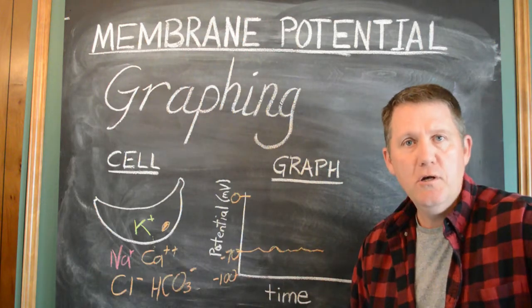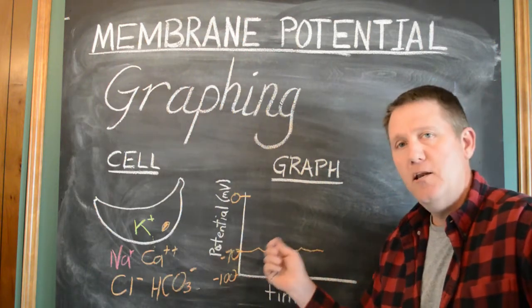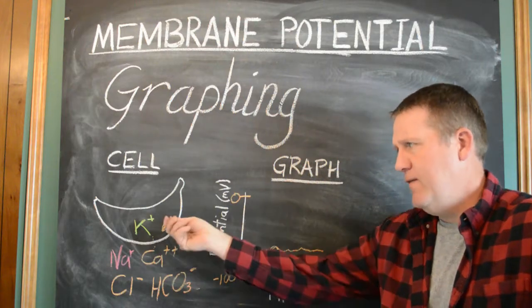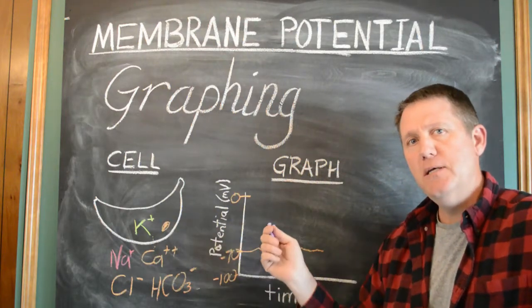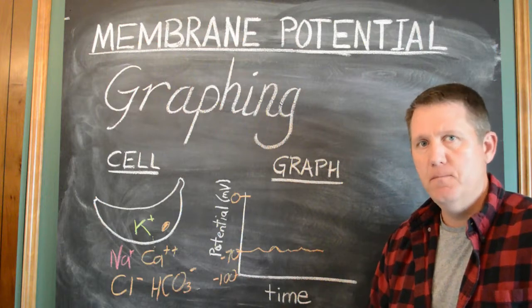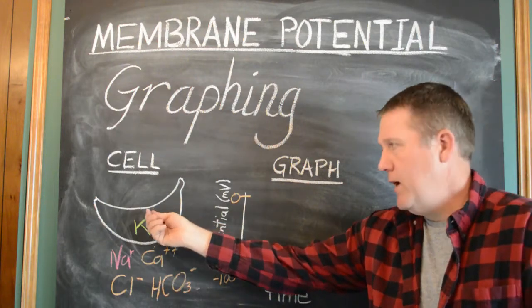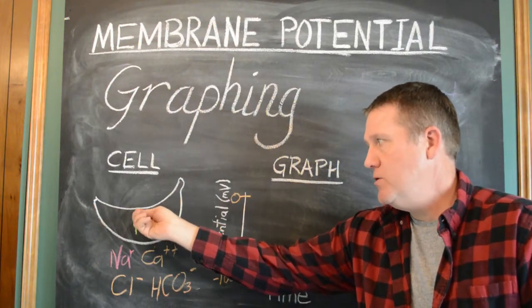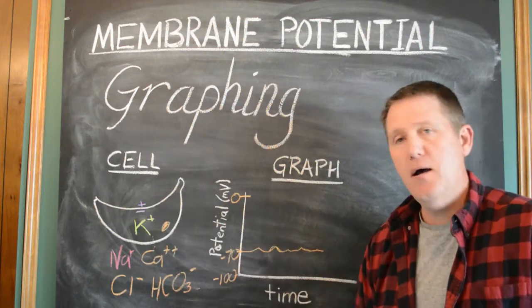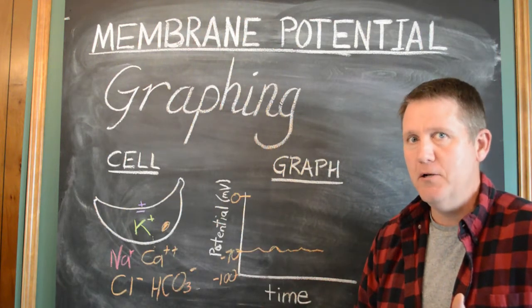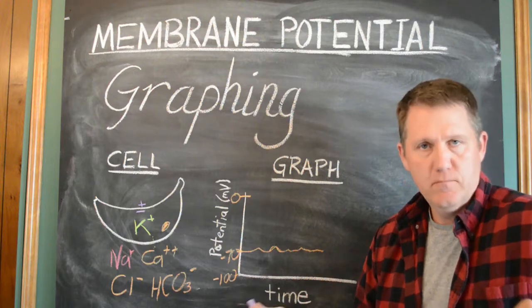Well, let's give ourselves some ways of talking about the graph and the membrane and kind of merging these two into a common set of terms. Right now, this membrane has a negative charge inside and a positive charge outside. We've seen that a bunch. That's called polarized, right?